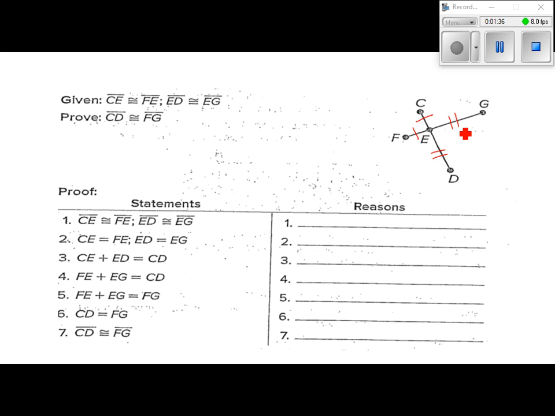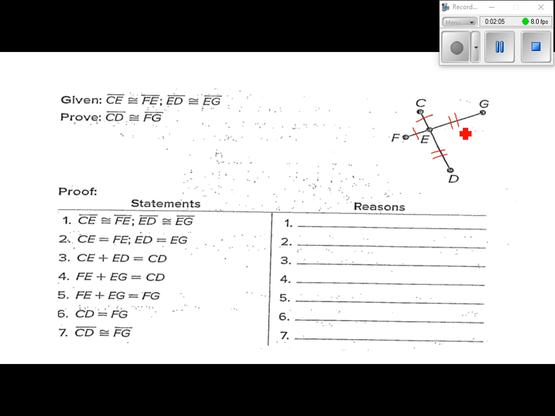Now, just looking at that, if I know this has one, this has two, this has one, this has two, what do I know about this whole thing, that whole thing? It's all congruent. So the two whole things have to be congruent, and that's what we're trying to say.